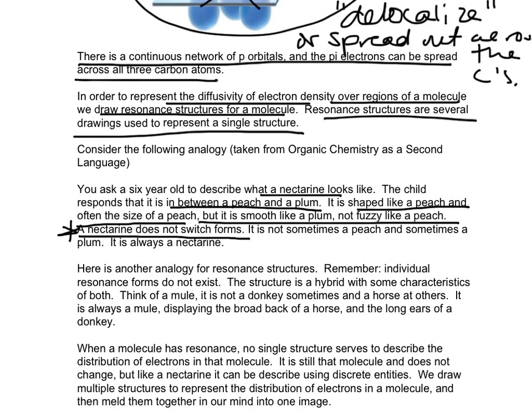It does not switch forms. And when we look at molecules, a molecule is always the same molecule. The electrons are spread across the entire molecule, but we use different representations to show where the electrons might be and where there might be a region of more electron density versus a region of less electron density.